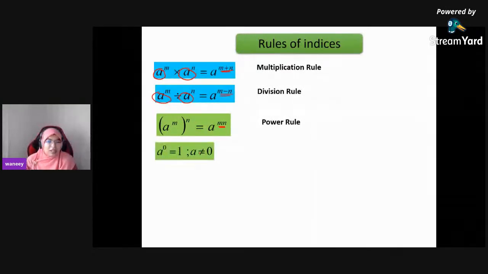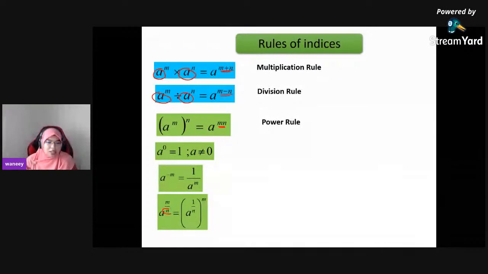Okay, next. If you have any number to the power of 0 that is simply equal to 1, as long as a is not equal to 0 itself. And then if you have some negative index, so a to the power of negative n is simply 1 over a to the power of n. And a to the power of m over n, so this n over here is actually the root.